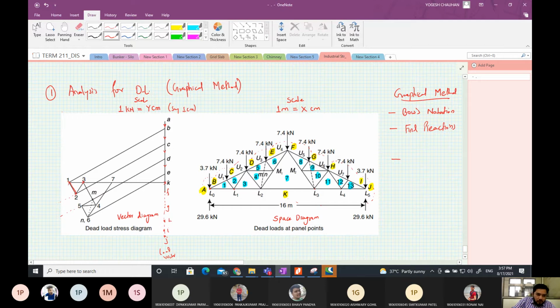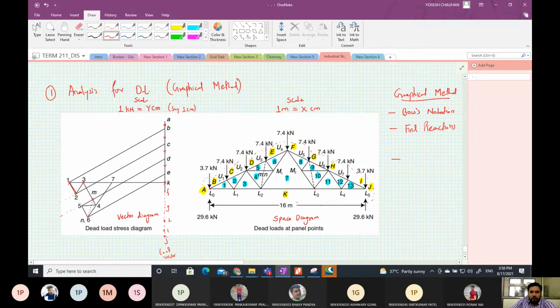So with this 3M, you will get this point M. And once you know this point M, then draw a line parallel to MN. So you will get point N, which is the intersection with line E. Line E you can draw parallel to this.